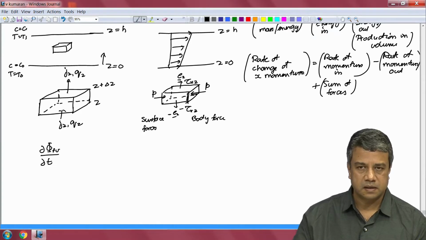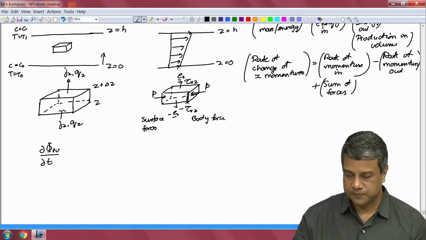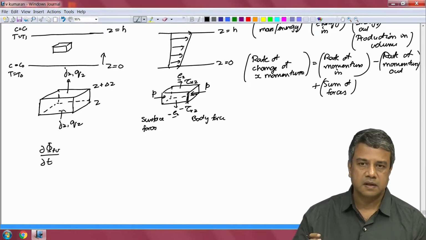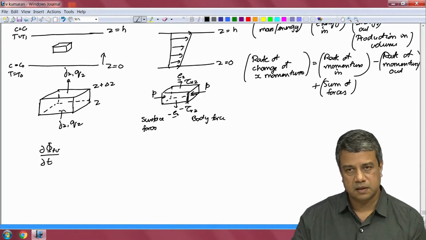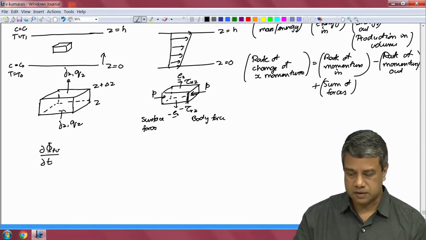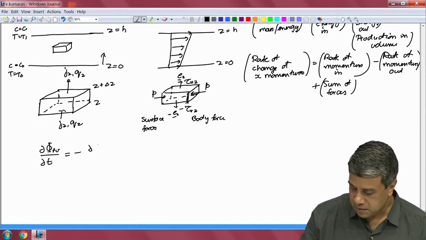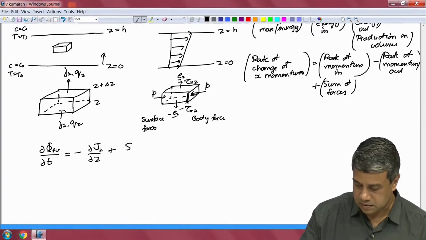Actually, it should be the densities: the energy density, the mass density, the momentum density. If the density and specific heats are constant, you can also define them as temperature because rho Cp is a constant, and velocity because rho is a constant. These are equal to minus partial of j by partial z plus the source.